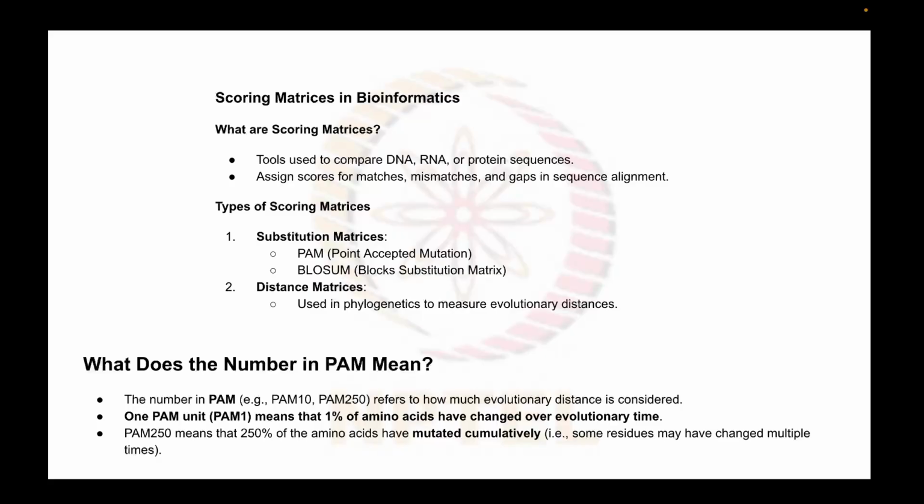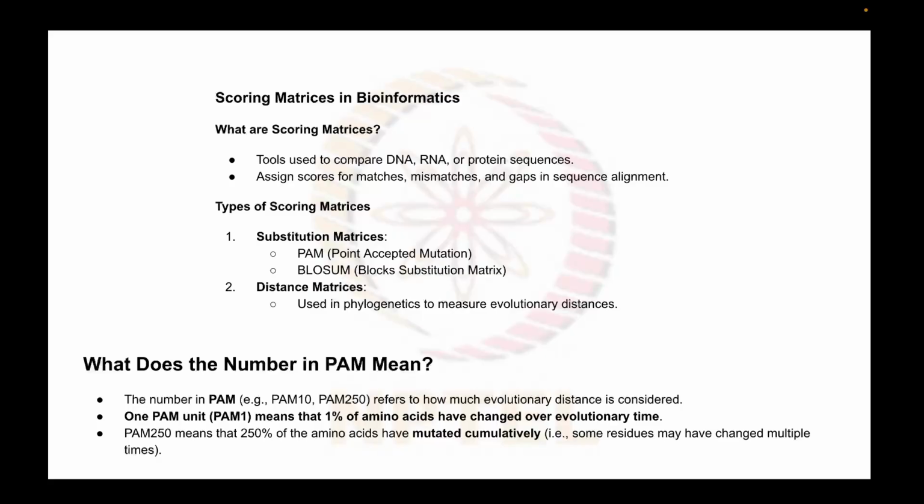So the widely known one is PAM, which stands for point accepted mutation. A PAM matrix is a tool used in bioinformatics and computational biology to quantify the evolutionary distance between homologous protein or DNA sequences. It helps in assessing the likelihood of mutations occurring at specific positions within these sequences.